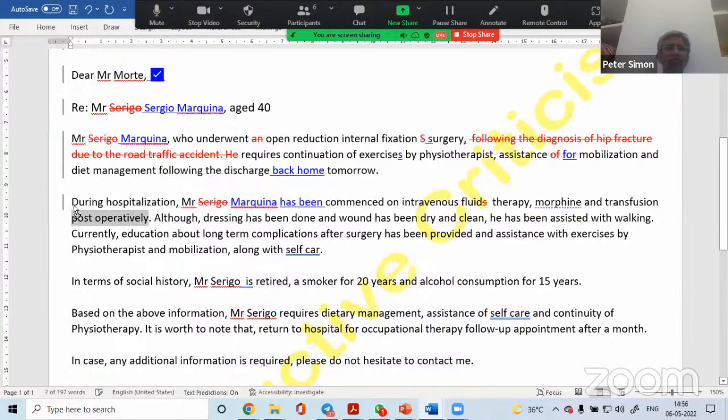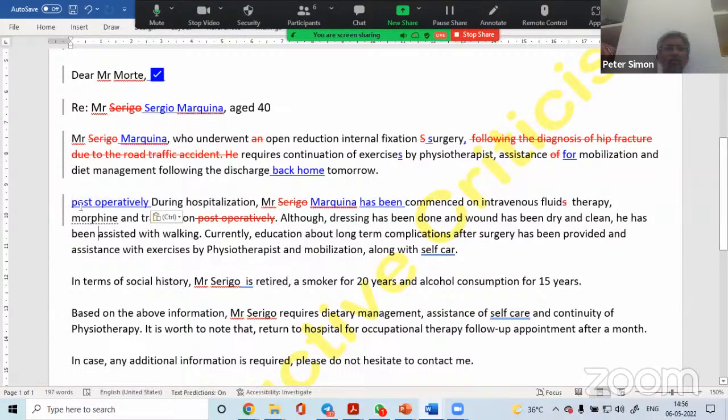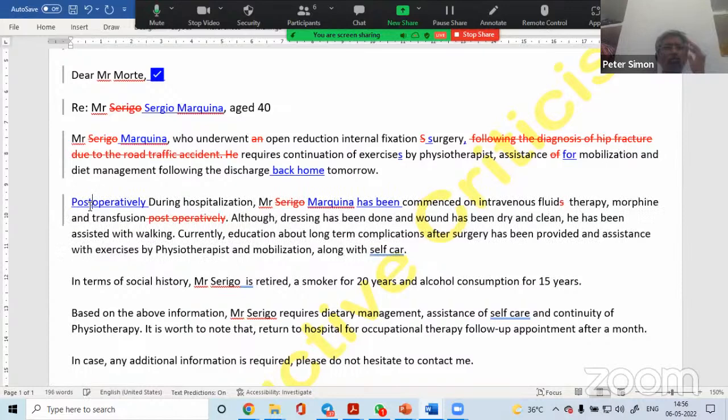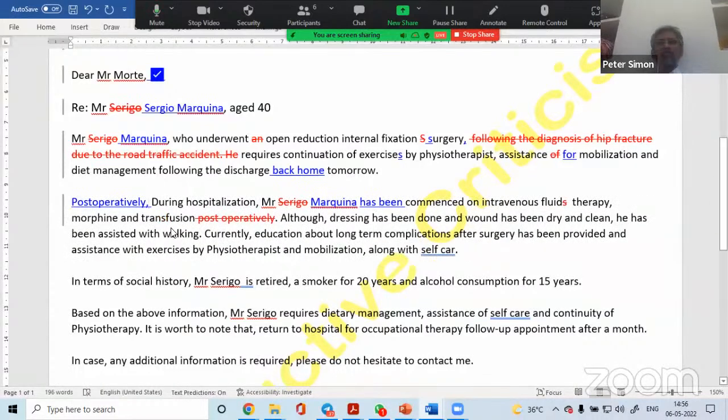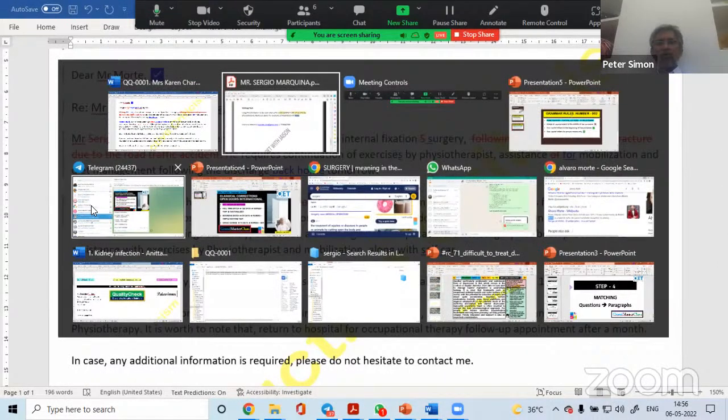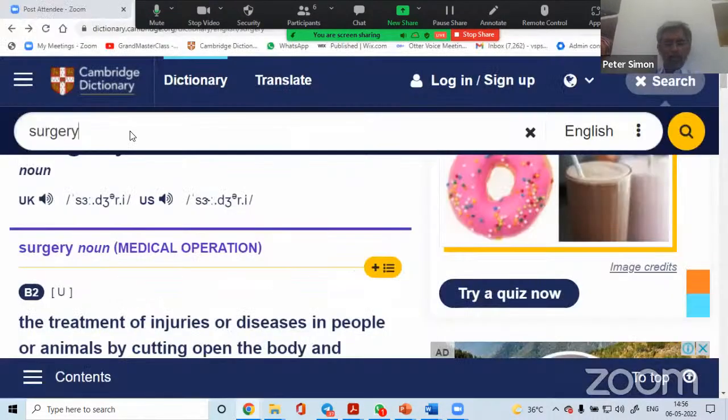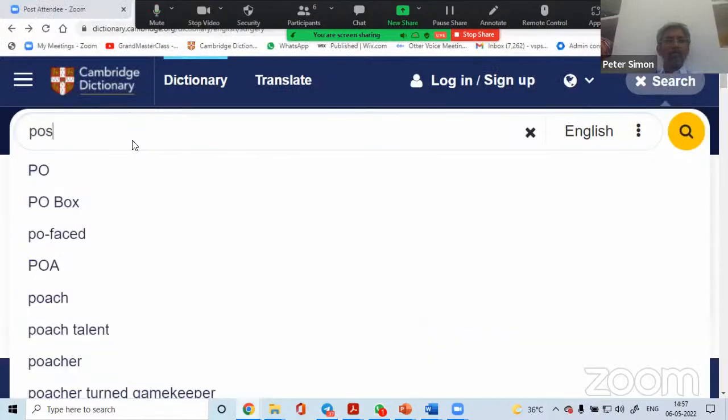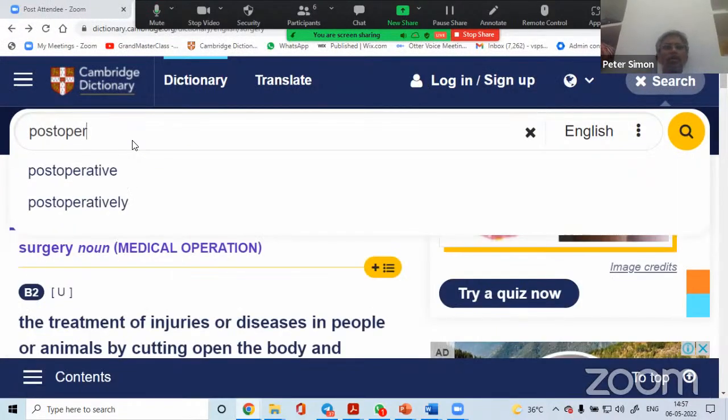Start there directly. Post-operatively is one word, not two words, comma. If you want to check, you can check. Maybe it is in the case note like this, that is not my problem.